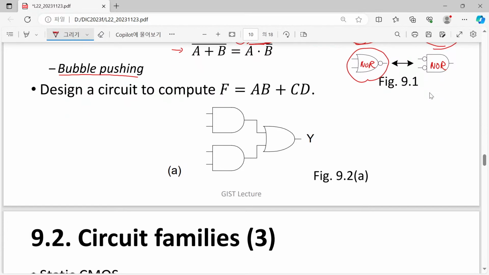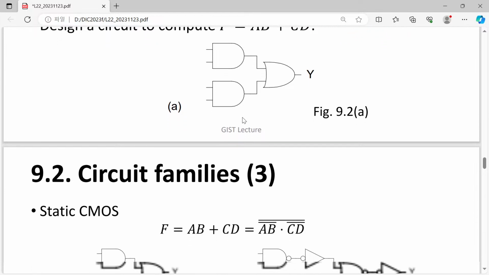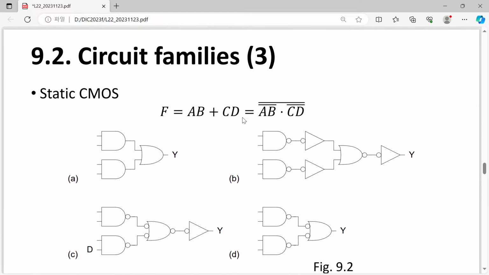Okay, so now our goal is, now we have AB plus CD, AB or CD, and we wanted to change it to different forms using bubble pushing. Starting from this original form, we can just add bubbles here.